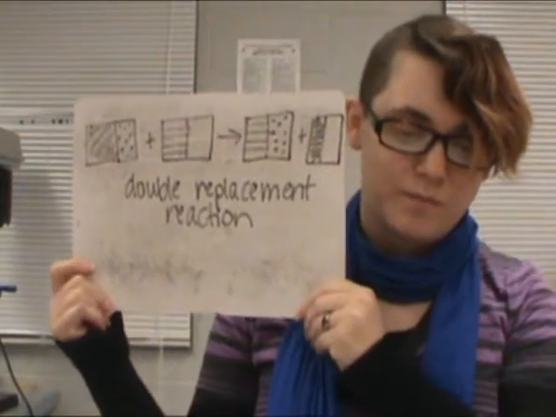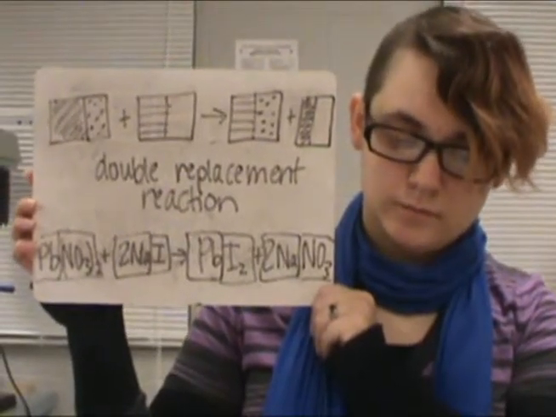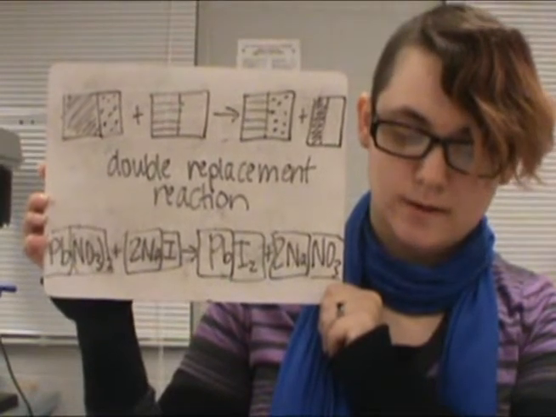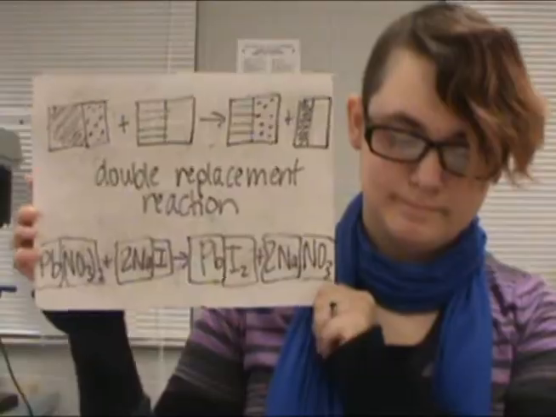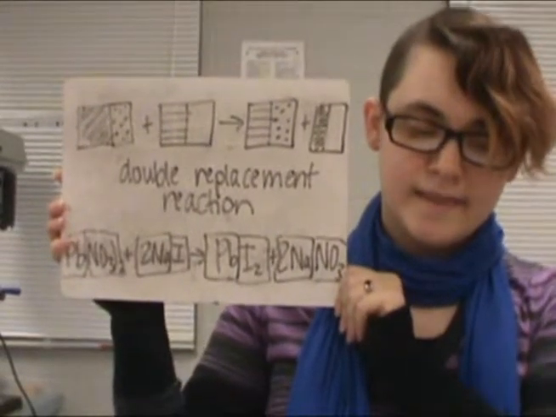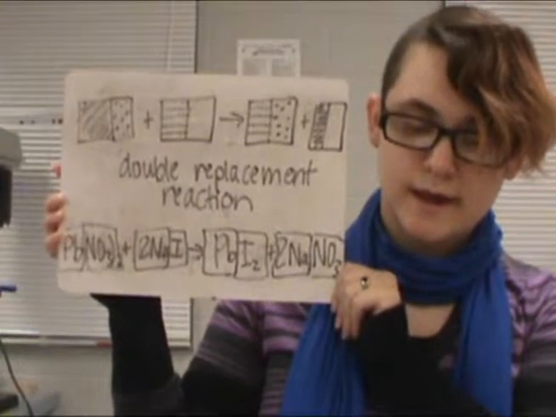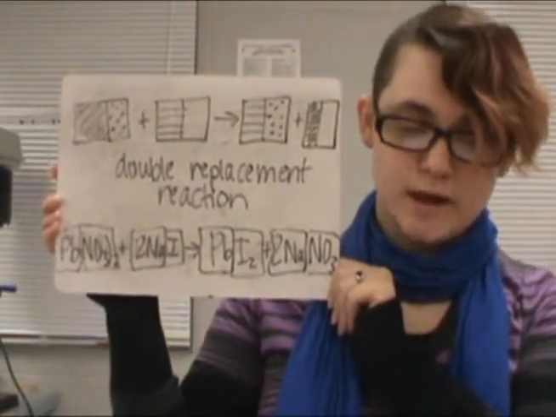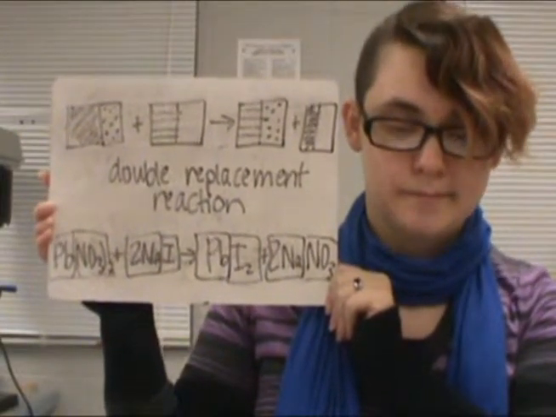Here's an example. Lead nitrate plus sodium iodide yields lead iodide plus sodium nitrate. In this reaction, the lead and the sodium switched places.